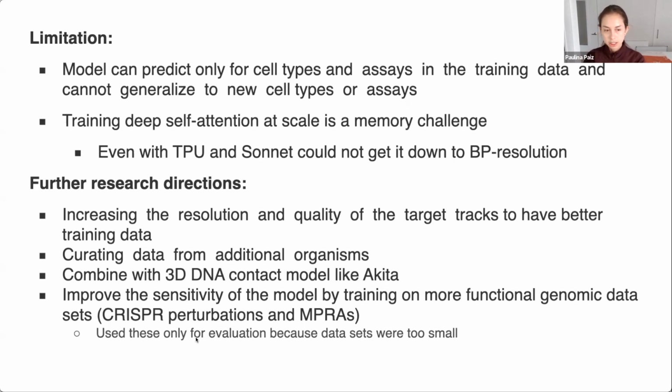So they mentioned that even though they use these only for evaluation because the data sets were too small, I think this paper was released like 2 years ago, and the pace that these data sets have been growing is incredible. So I'm sure there will be more now.